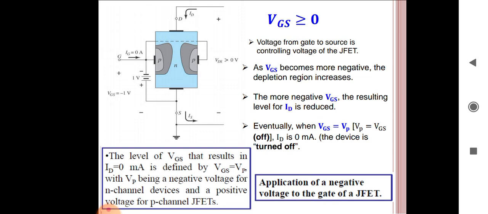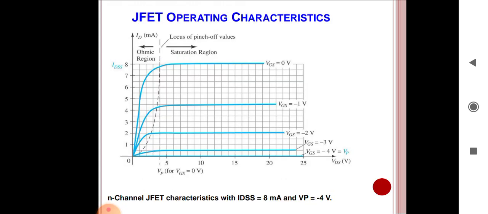So if we want conduction, we have to keep VGS equal to 0 or some negative voltage. If we increase the voltage between gate and source, it will block the channel, and the channel will go into cutoff, right? So this is the JFET characteristics.